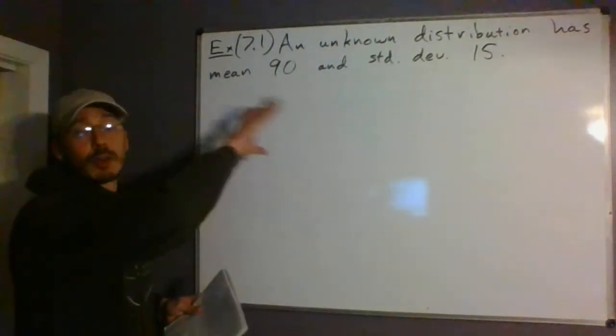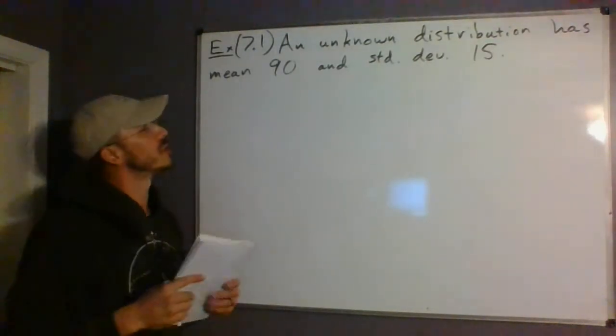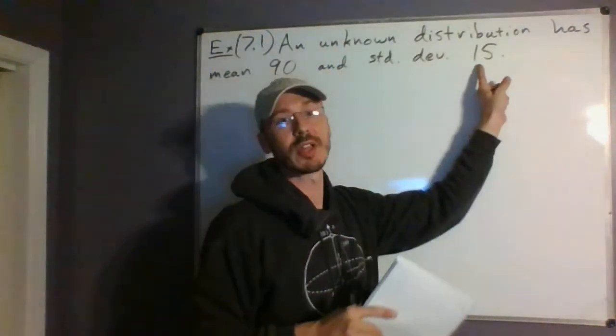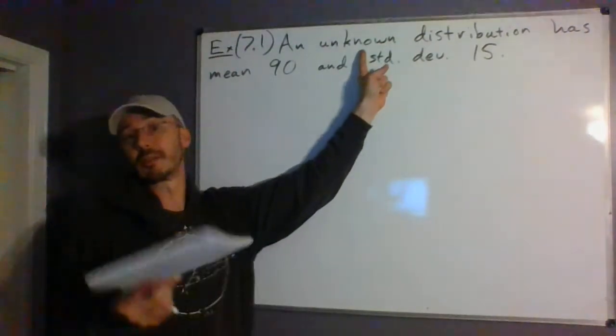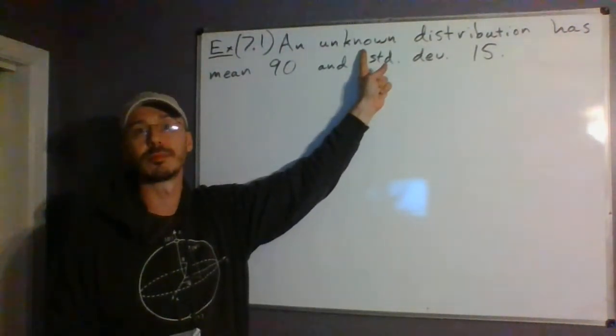That's the underlying original distribution of data. It doesn't even say how big the population is, just that the mean for that population is 90 and the standard deviation is 15. It also doesn't say if it's normal or not. Well, there's no telling. It's an unknown distribution. Doesn't matter.